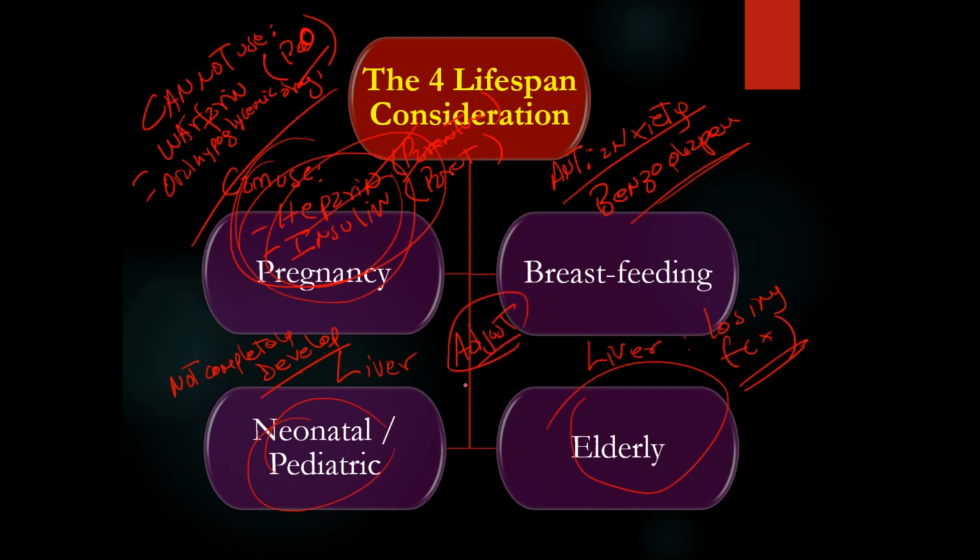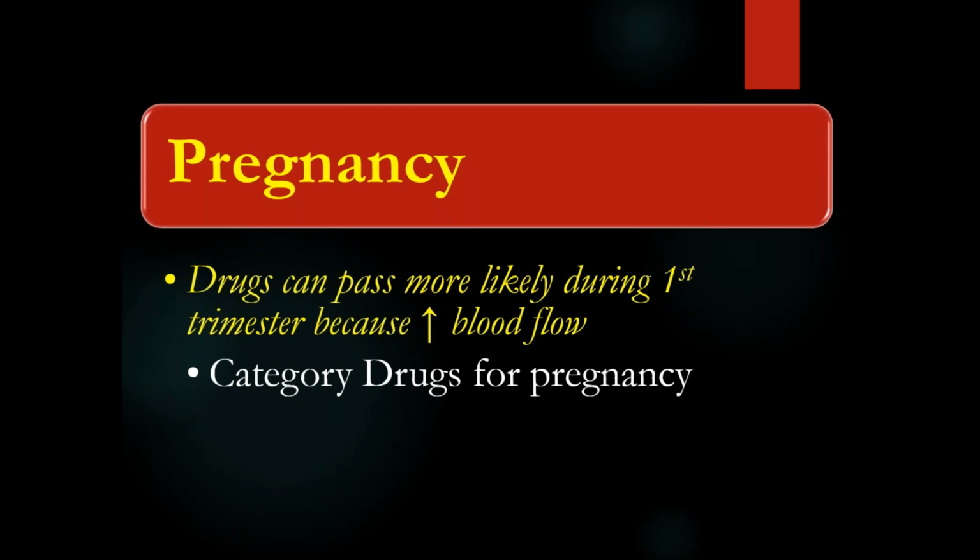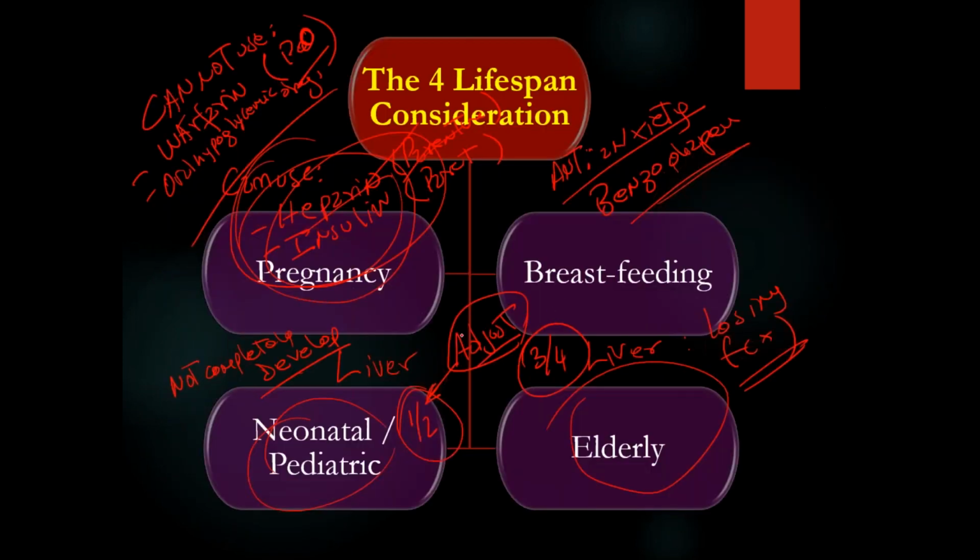In neonates and infants, in general, to give you an idea, you decrease the dose by half, but under prescription, of course. In the elderly, we give about 3/4 of the dose. What I want you to remember is that dosages for adults are different from pediatrics and elderly patients. Okay, we got that?